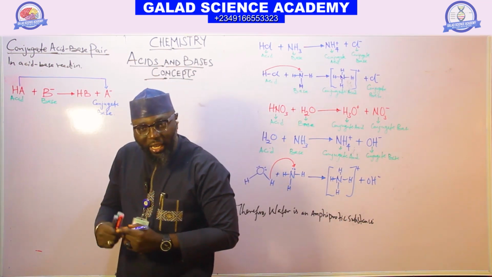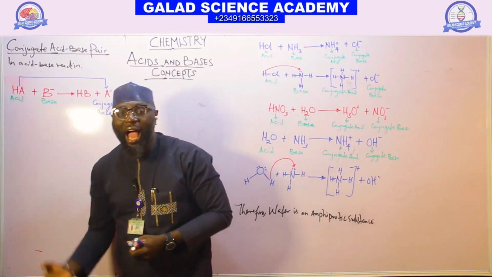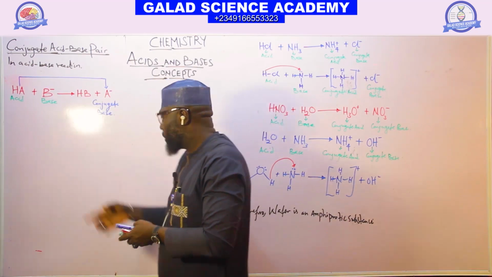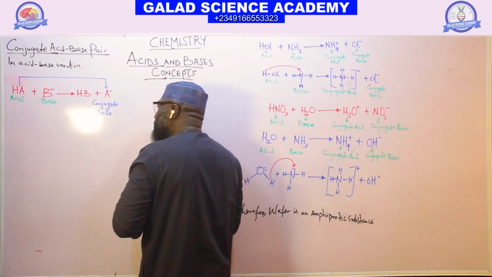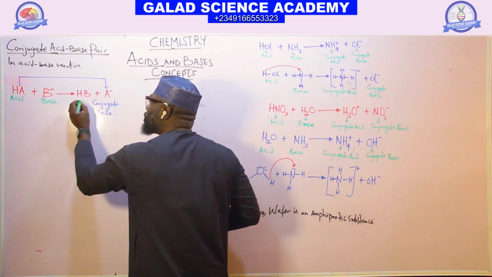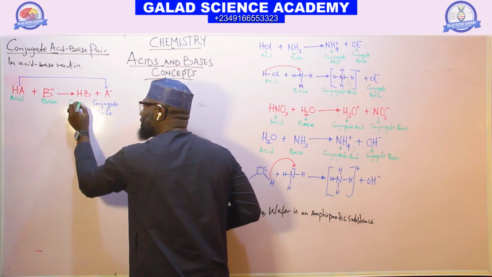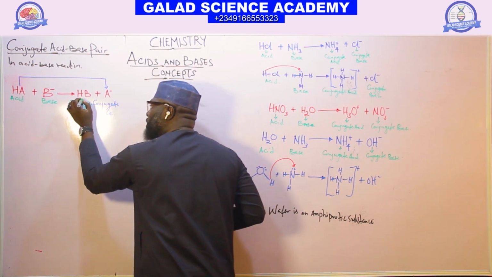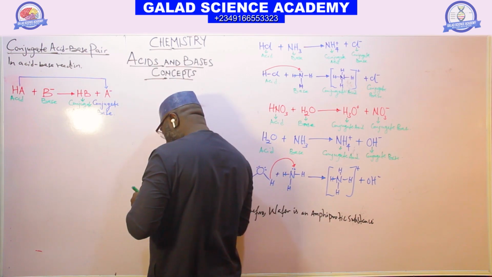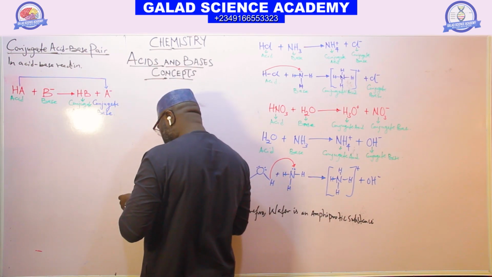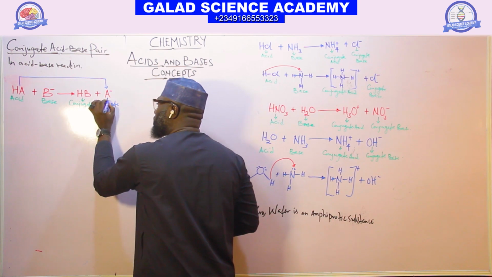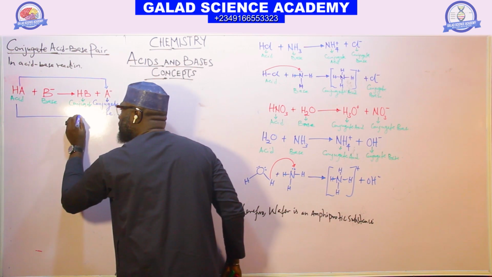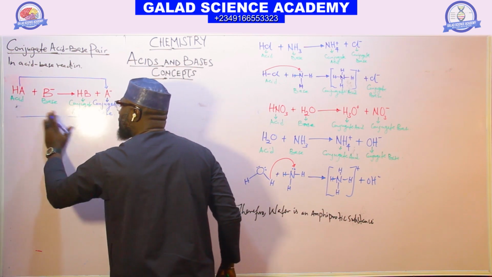But when the original base accepts a proton from the acid, the new substance that it forms is what we call the conjugate acid. So this is the conjugate acid, and this A minus is the conjugate base.